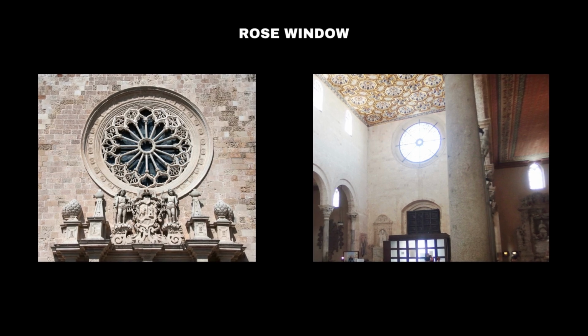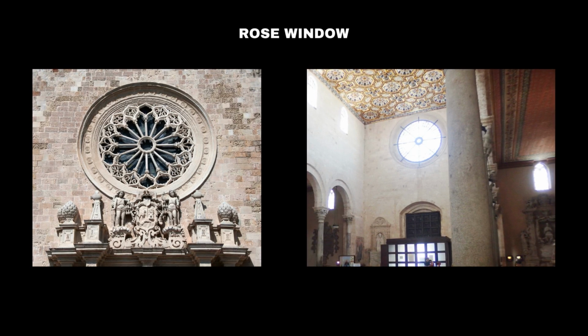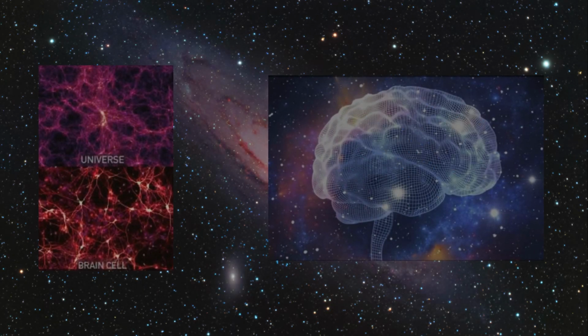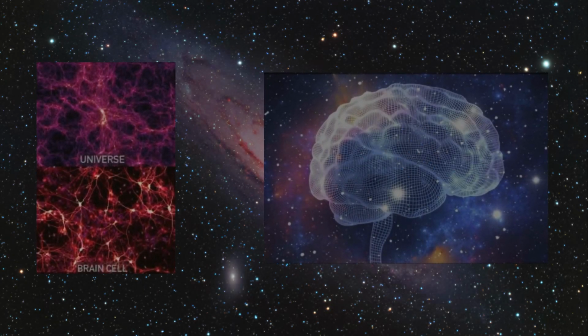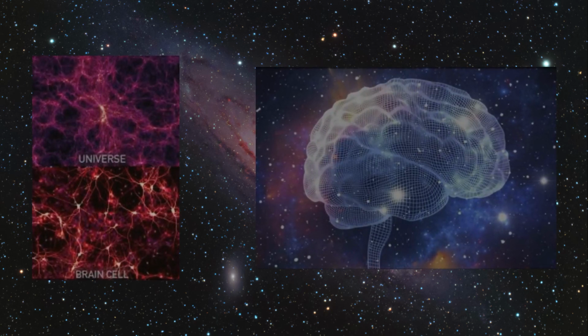Lastly, on our tour of the Otranto Cathedral, we have the rose window. A rose window's primary function was to admit light and serve as a decorative element. Medieval thinkers attributed deeper meanings to its design and construction. Rose windows were meant to explain universal laws of the cosmos and the human psyche.